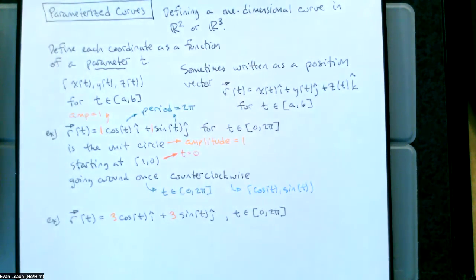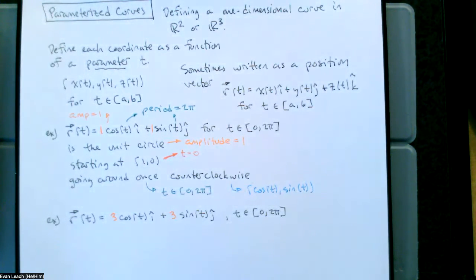All I've changed is the amplitude of the cosine and the sine. So instead of a circle of radius 1, we have a circle of radius 3. It'll start off at (3, 0) and go around once counterclockwise.